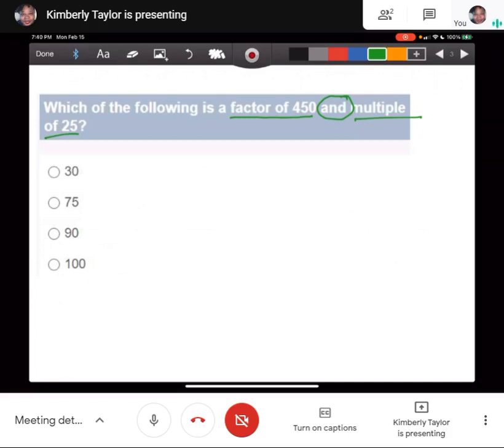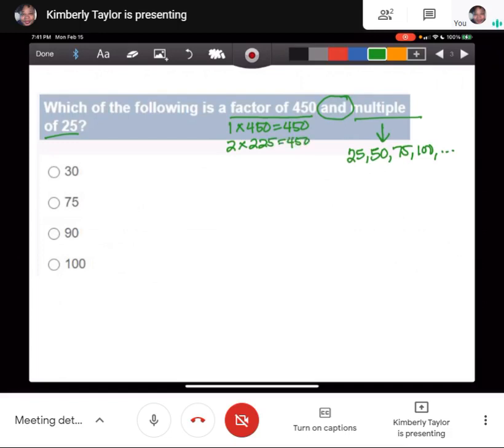So when you talk about multiples, just as an example, to count by 25s, you got 25, 50, 75, 100, and so on, okay? And then factors would be like 1 times 450 gets me 450, or 2 times 225 gets me 450.